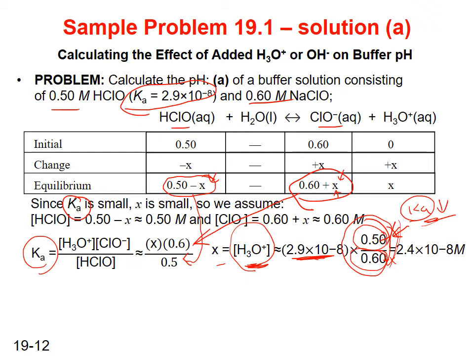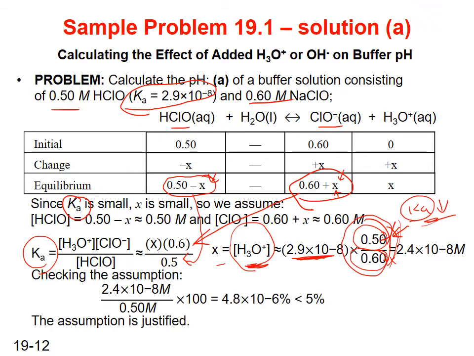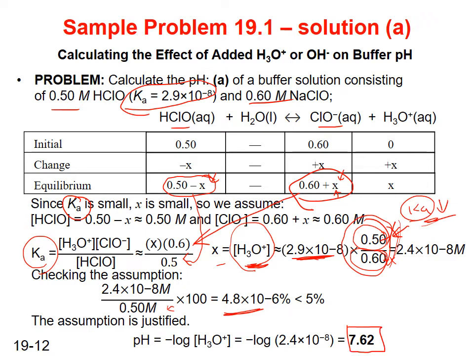Okay, and to calculate the hydronium ion, we can calculate pH, but first we check that it's a small number. The ratio to the initial concentration is very small, so the assumption is justified. So pH is negative log hydronium ion, in this case giving you 7.62.